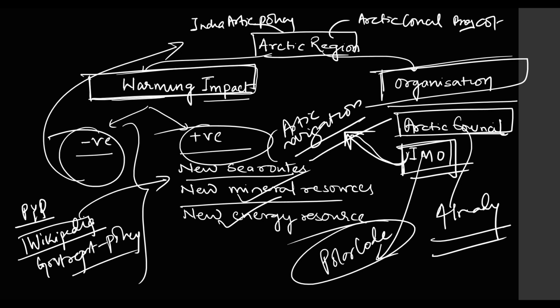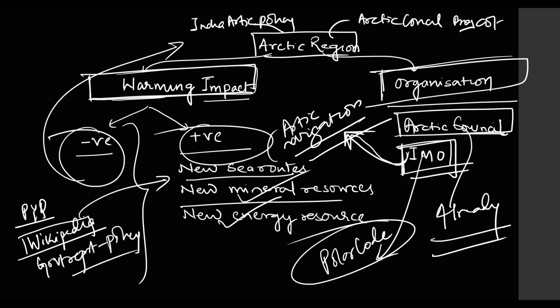So my idea of making this video is to help you understand that yes, you should prepare current events, but don't just rely on current affairs magazines. Most of the magazines just make a synopsis of the newspaper.